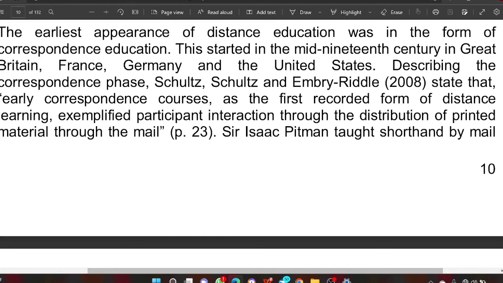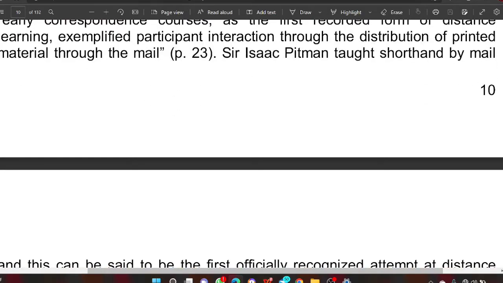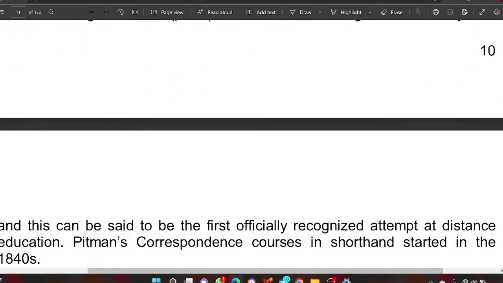Sir Isaac Pitman, spelled P-I-T-M-A-N, taught shorthand, a form of writing, by mail, and this can be said to be the first officially recognized attempt at distance education.